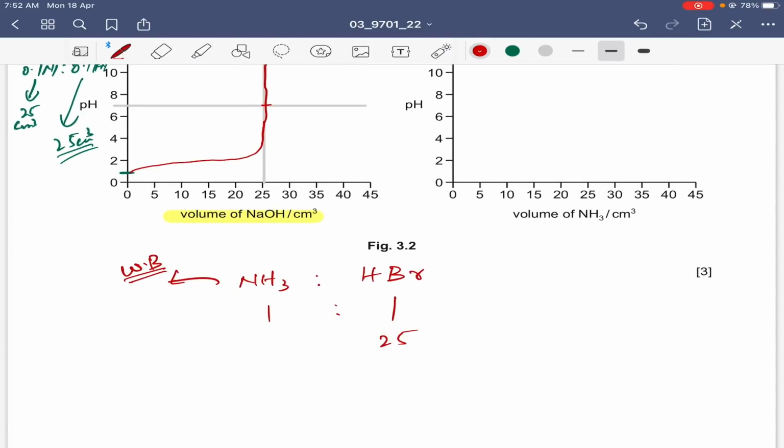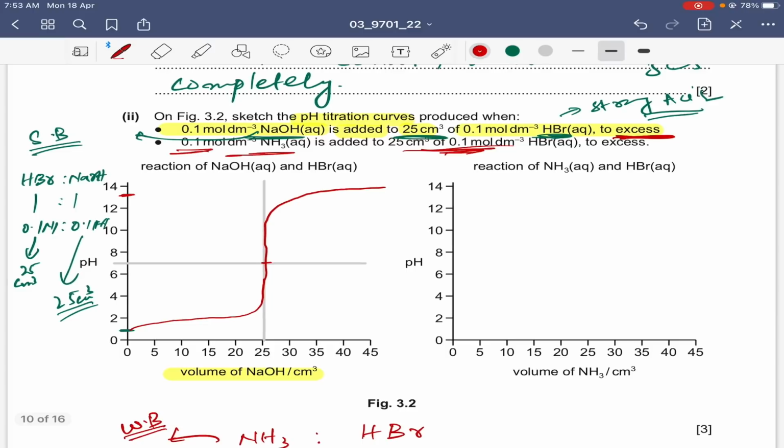So for the equivalence point, if we have 25 cm³ of HBr, we need 25 cm³ of aqueous ammonia, right? Again we are adding base into acid, so the pH will start from the strong acid range, and the equivalence point would again be at 25 cm³, and let's say this is 7, right?